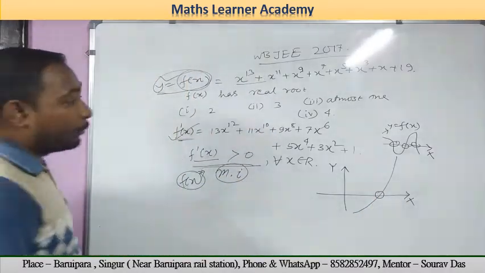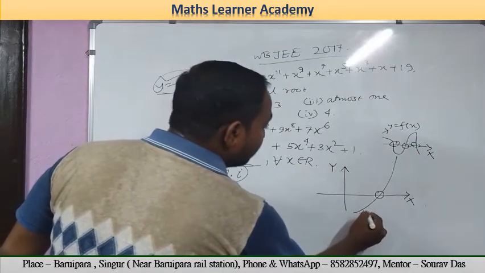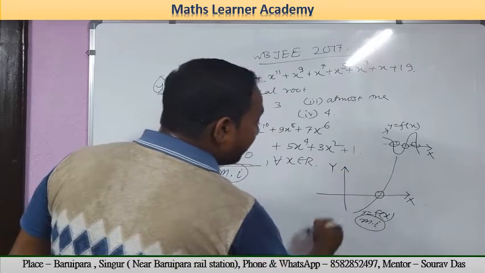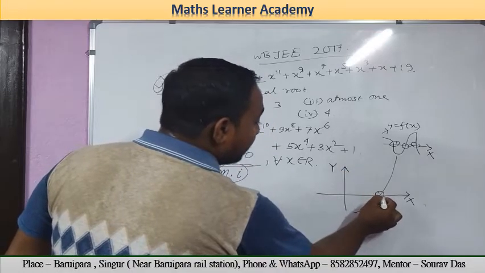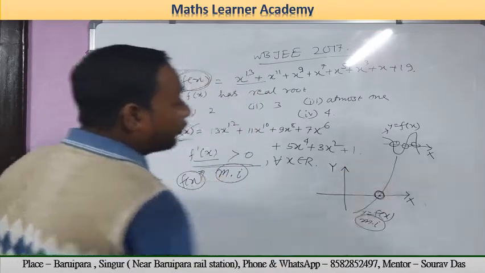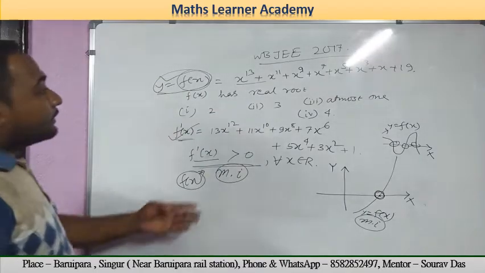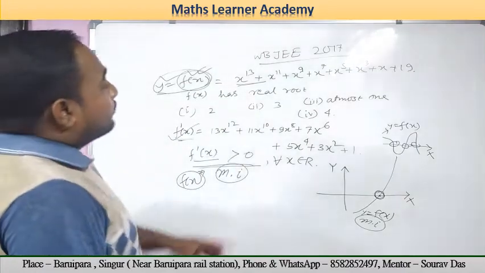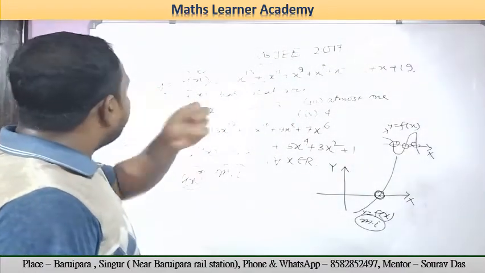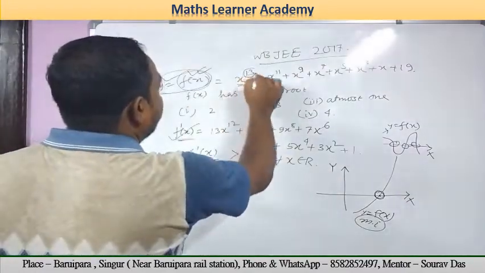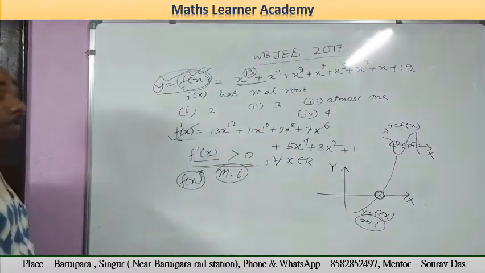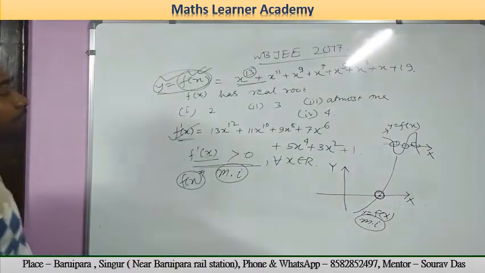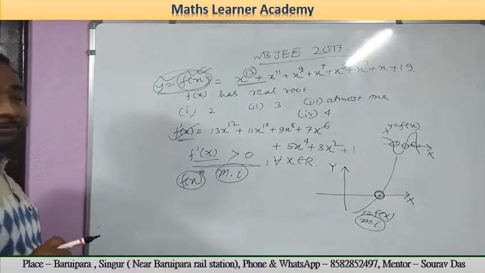At most one point. So here, since y equals f of x is a monotonically increasing function, this function cuts the x-axis at most one point. And since our given polynomial is an odd degree polynomial, therefore this has one real root, right?